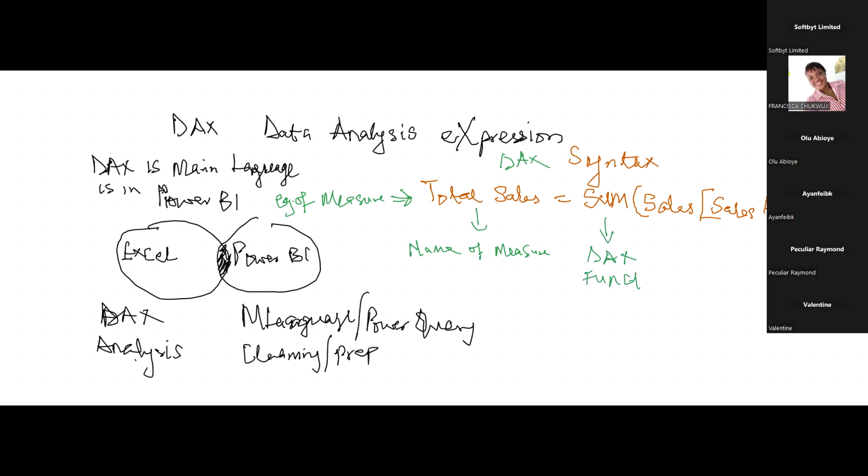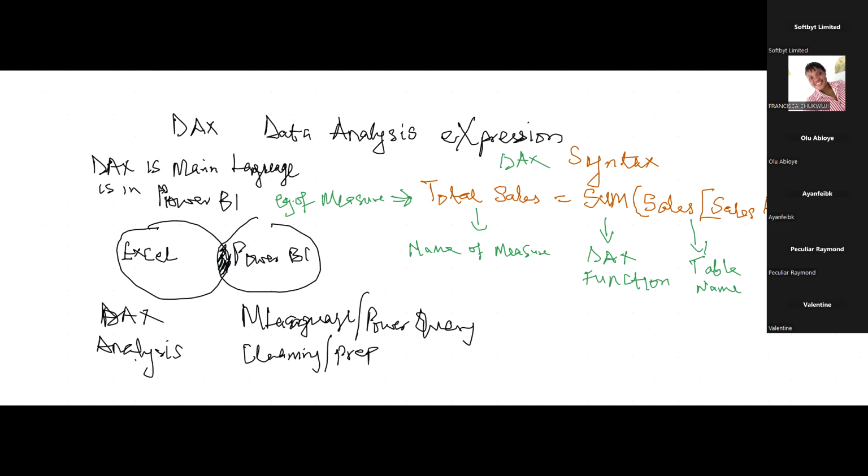This is the table name. And this is the table column, or column name. And that's the syntax of DAX. In a nutshell, this is a DAX function.